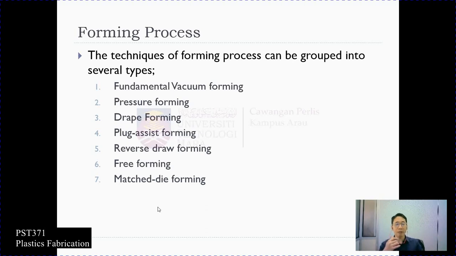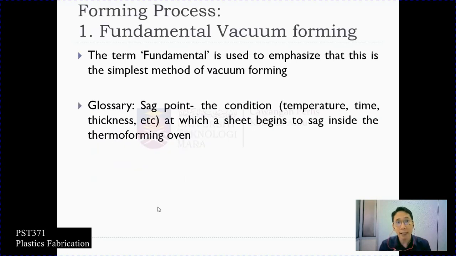And for your information, in our lab, we have a fundamental vacuum forming. I believe by now, we will already cover the vacuum forming for our Amali. Okay. And then we go through the first technique, which is the fundamental vacuum forming.